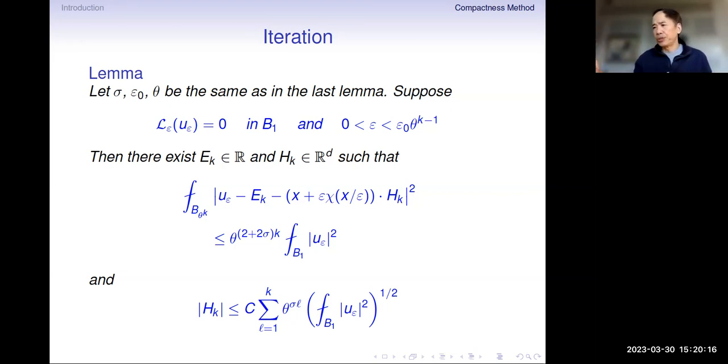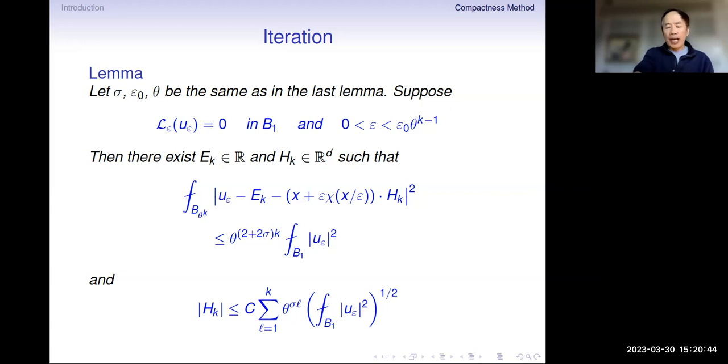K is some integer. Then we can show that if I measure the distance between the solution and a constant plus a linear function plus the corrector, this is bounded by theta to the power 2 plus 2 sigma times k, times the L1 average of u epsilon squared.